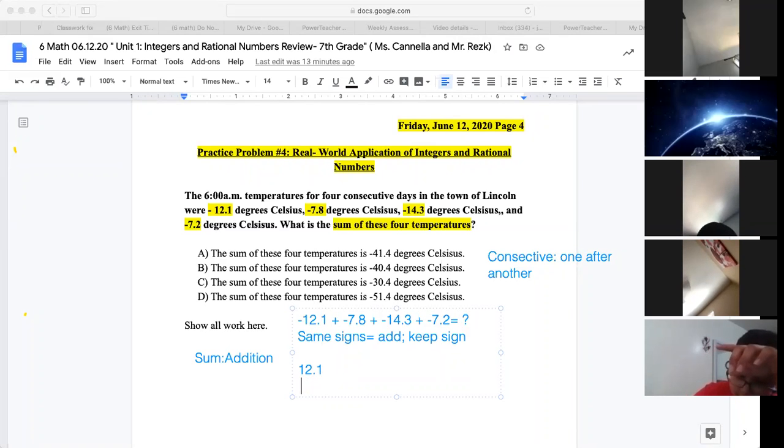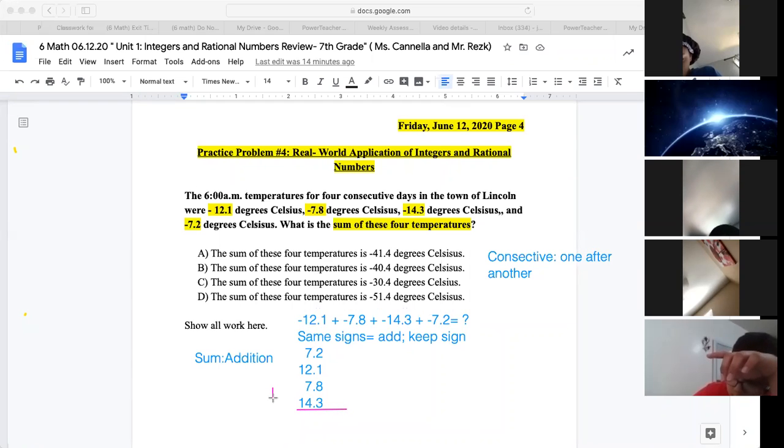7.8. We're then going to add up 14.3, and then we are going to add up over here. I'm going to write 7.2. Now, we're going to add these up. Okay, so here's what we got.